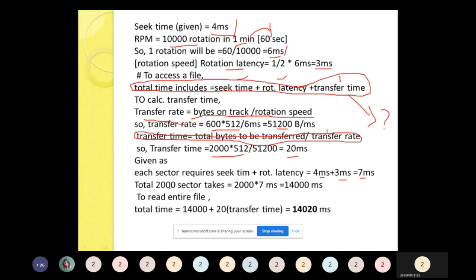So 2000 into 7 is 14,000 milliseconds for the file.